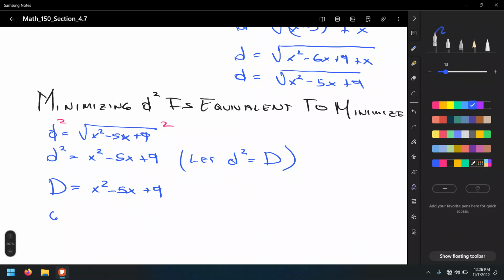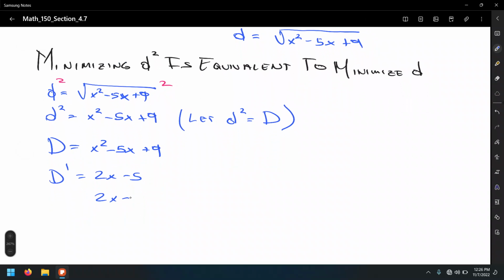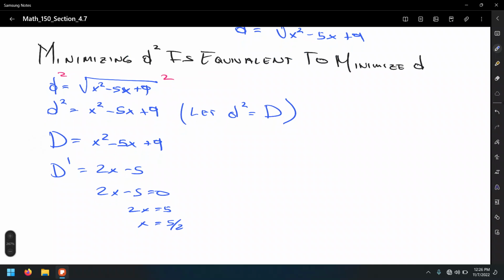So D prime is 2x minus 5. That's the derivative. Set the derivative equal to 0. So 2x equals 5, x equals 5 halves. And so we now have a critical value. So now we may go back to the original y, which is the square root of x. y equals the square root of 5 halves.